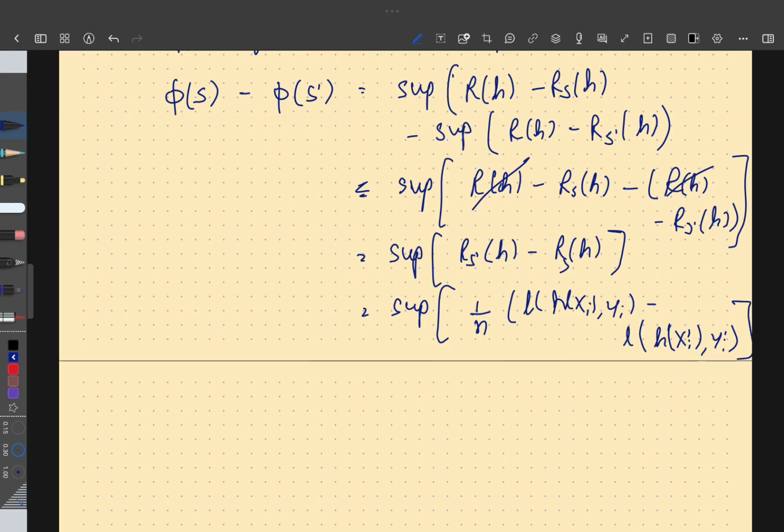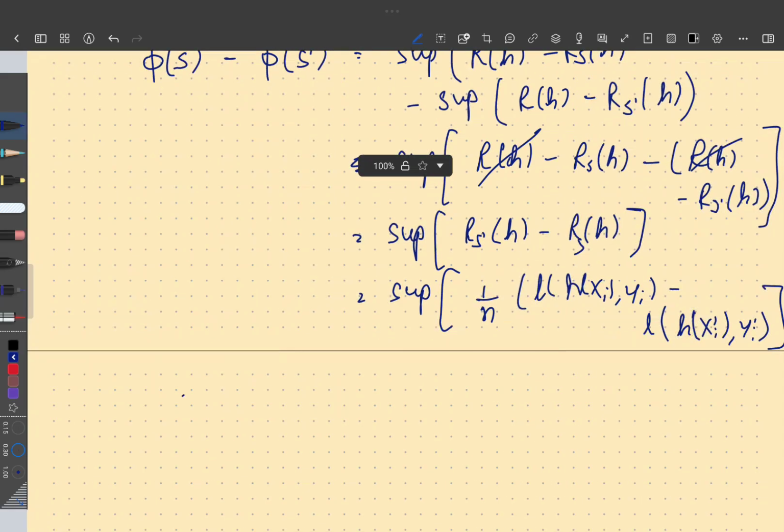How large can this quantity be? 1, so it's 1 by n. So phi of S minus phi of S prime is at most 1 over n.